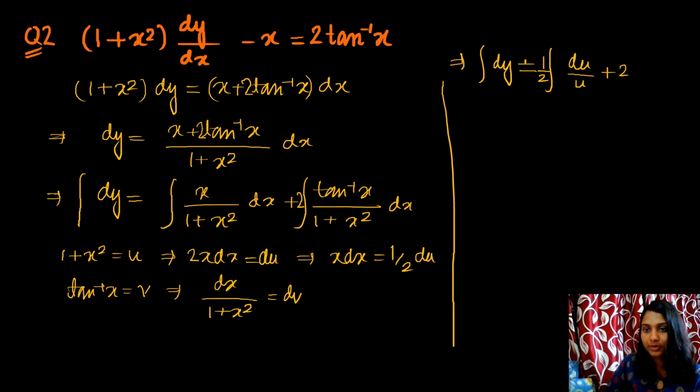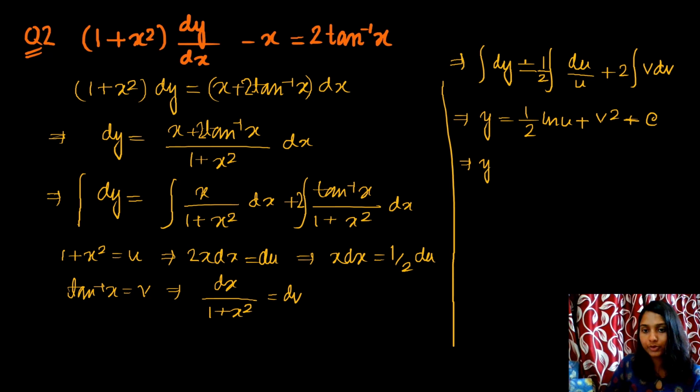So tan inverse x is v, so we can write here v, and 1 by (1 plus x square) dx means dv. So here we have v dv. So we can easily integrate this. We will obtain half ln u plus v square plus c.